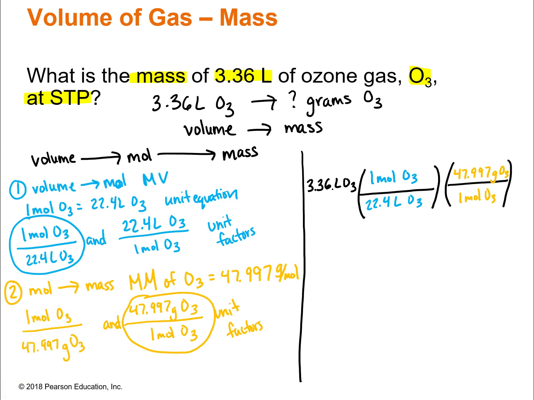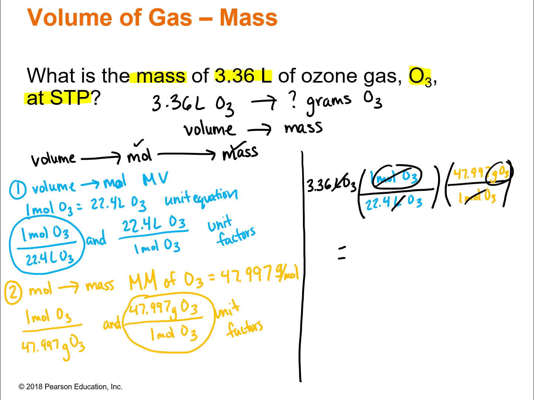Make sure everything cancels out before you start doing the calculating part on your calculator. We get to moles. Then we get to grams. That's what we want. Take 3.36, divide by 22.4, multiply by 47.997, or 48, because your periodic table may have said 16.00 for oxygen.